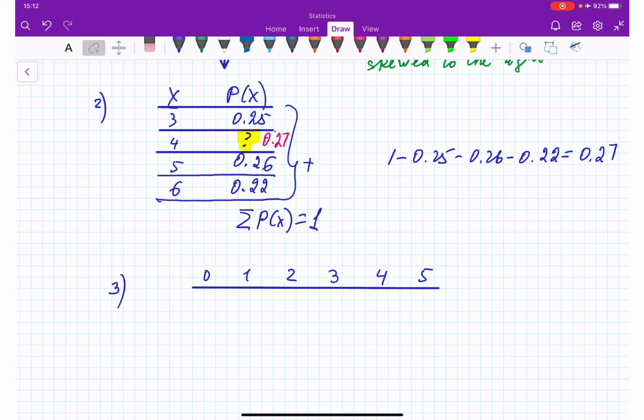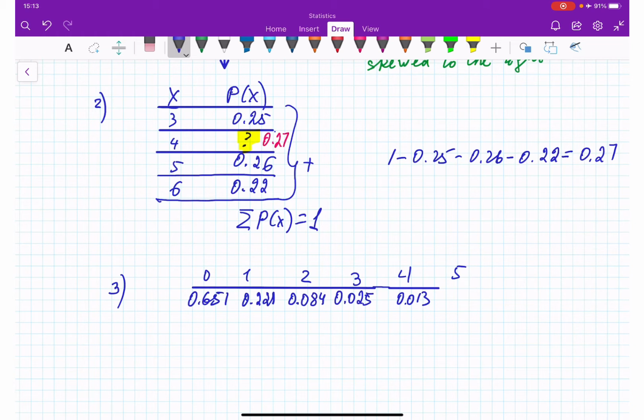So 0.651, 0.221, 0.084, 0.025, okay, this is 4, and for 4 dogs the probability is 0.013.